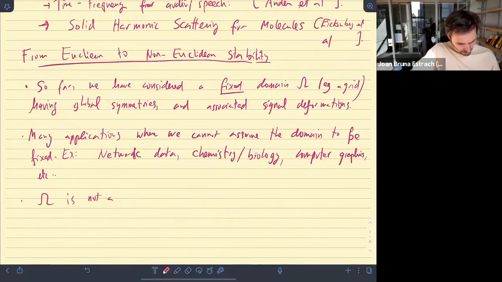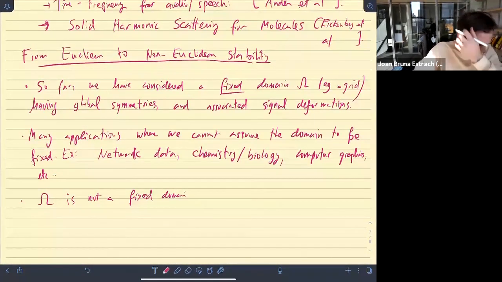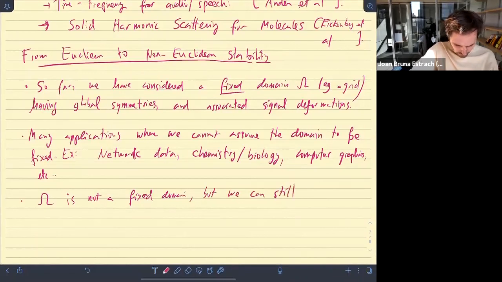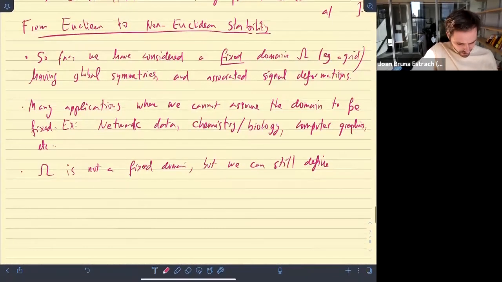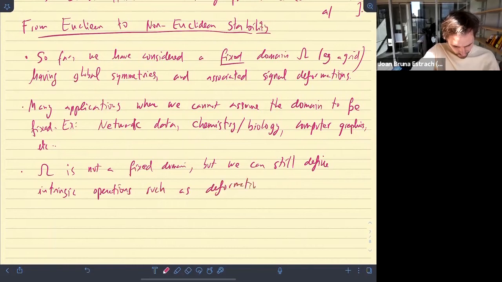Okay, so the point is that now, generally, it's not a fixed domain. But still, we can define, let's say, intrinsic operations, with just deformations or global symmetries.